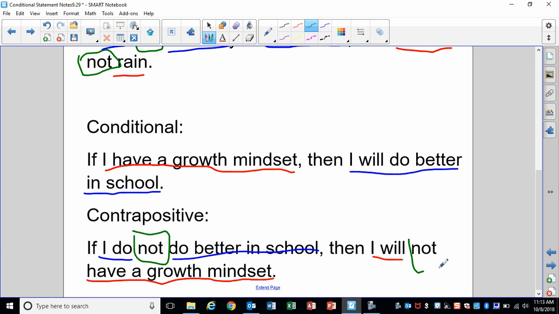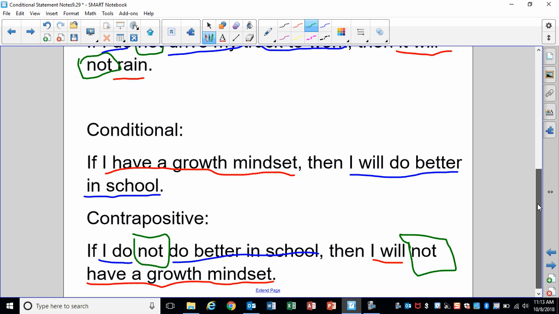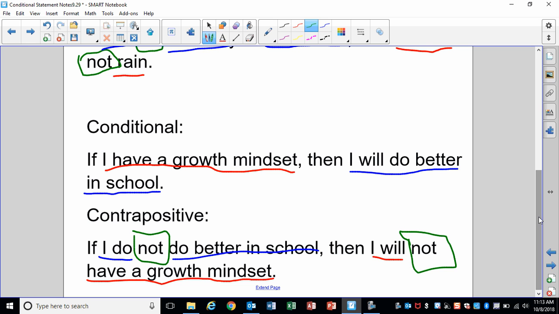And something we want to think about as well that we will see in the future is that when we negate something, we can either add or remove the word not. So in these cases, we added the word not in both statements, but there are times when we can do the contrapositive and the inverse where we are taking away the word not.